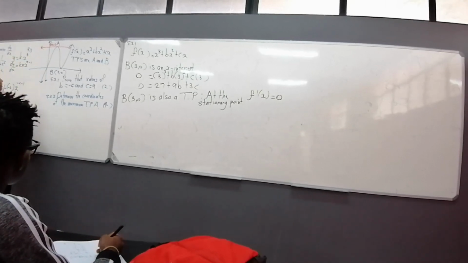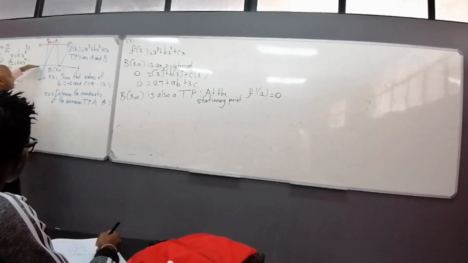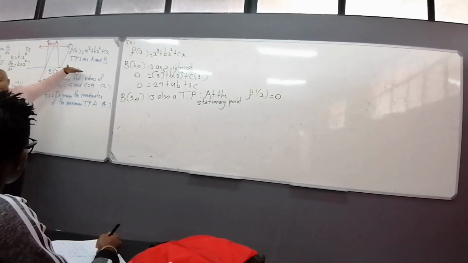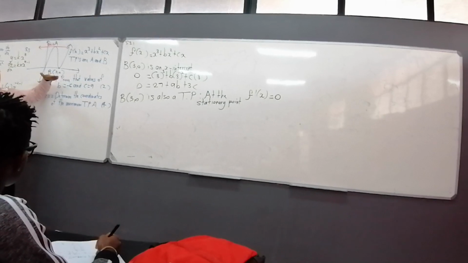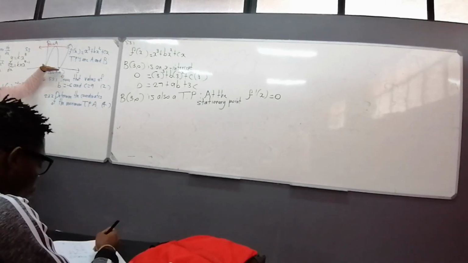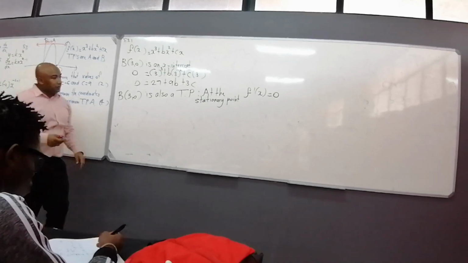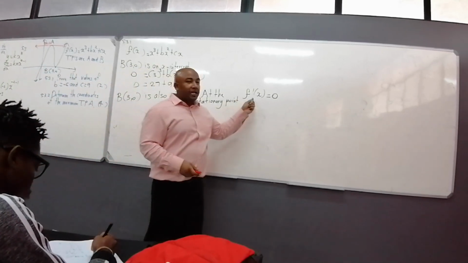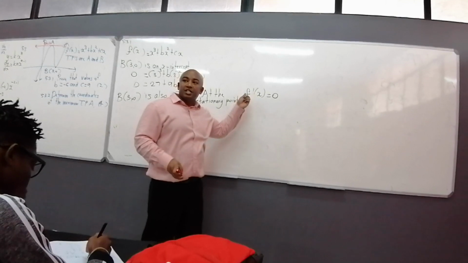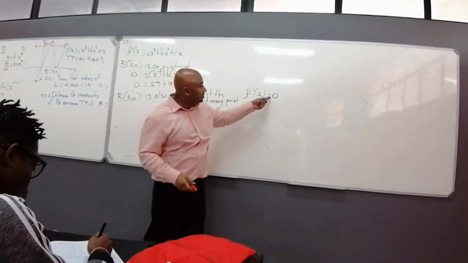So the gradient is 0. There's a tangent here. Can you see that? The x-axis is now acting as a tangent to this curve. So f prime x means the gradient of the tangent to the curve is equal to 0.